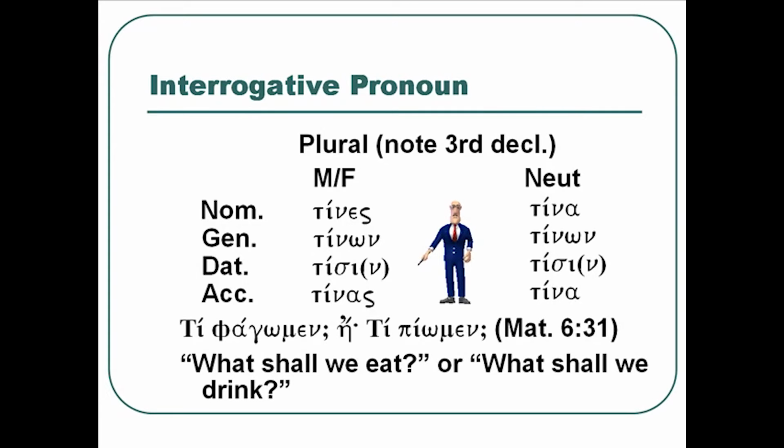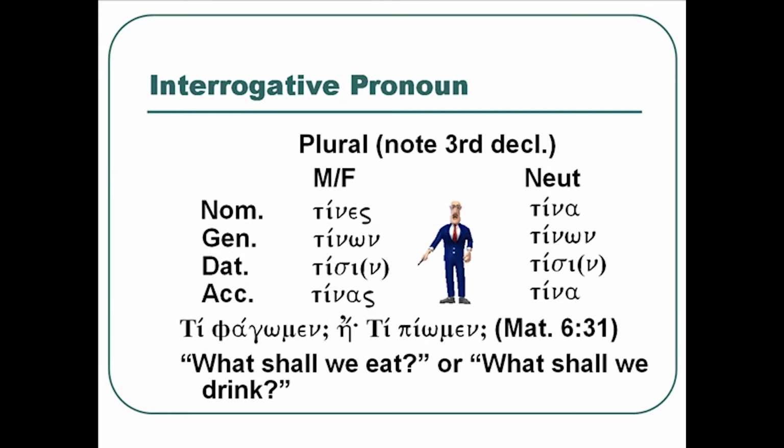Here's an example of a couple questions using this interrogative pronoun. Ti phagomen, ti piomen. The first question is, what shall we eat? Phagomen is actually the aorist form of esthio.